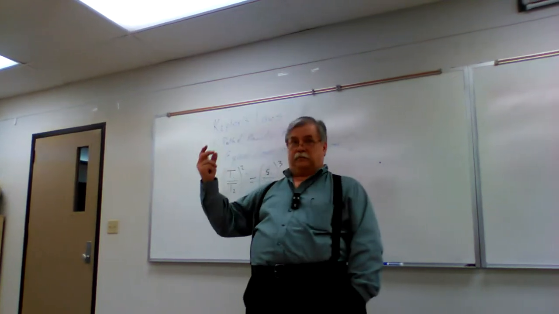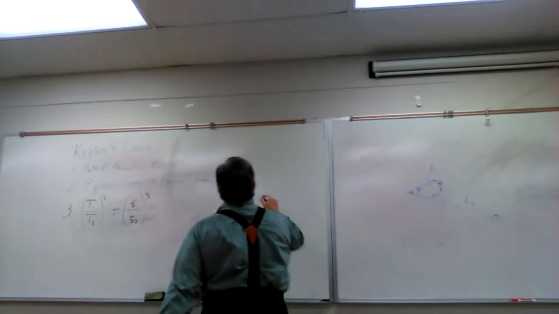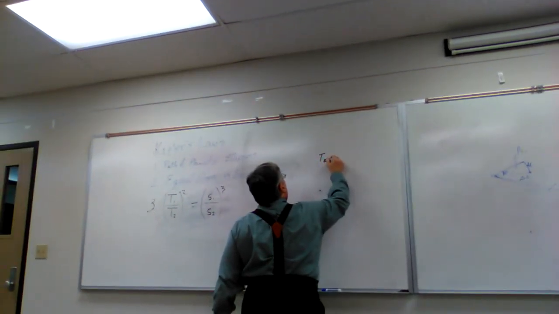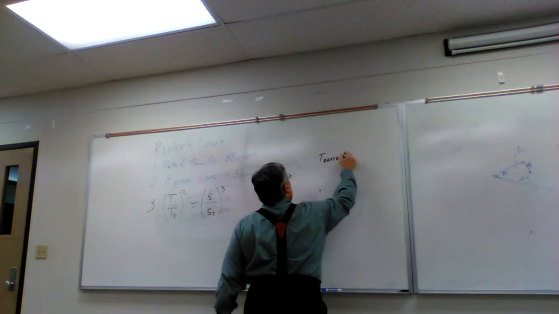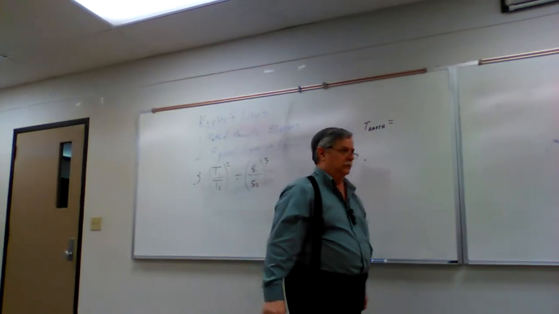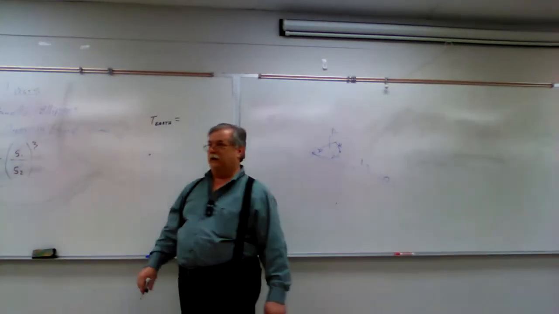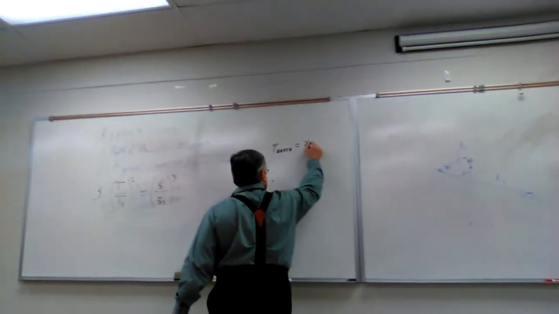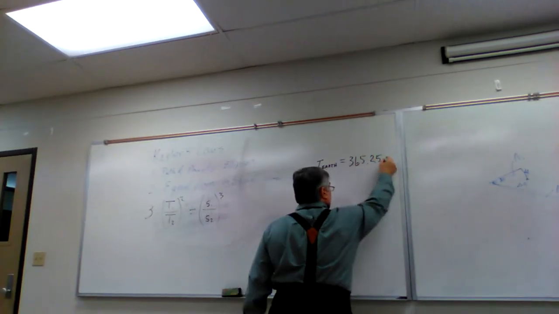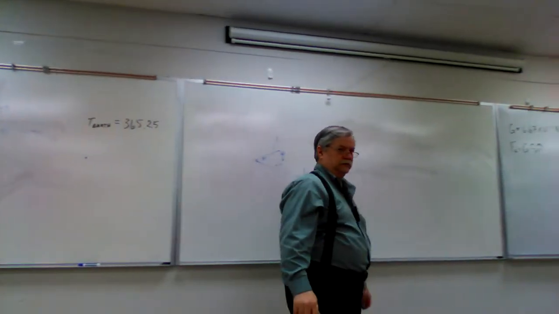So, what's the period of Earth? Actually, when you throw in leap year, it's 365.25 days, and there's more decimal places there.